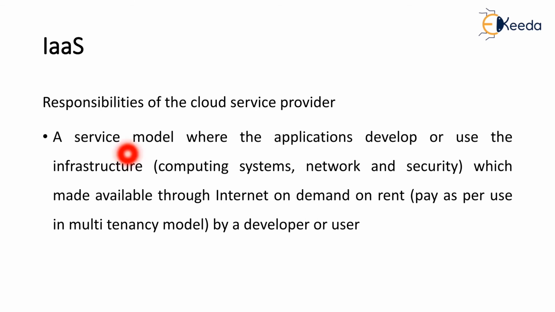So here the service models where the applications develop or use the infrastructure, that is the computing systems, networks and securities, which is made available through the internet on demand on rent as per the payment, by a developer or a user.